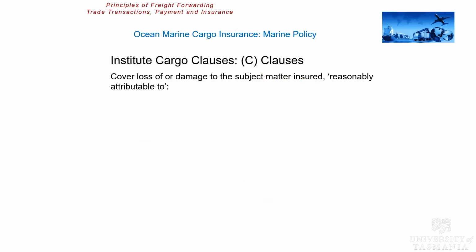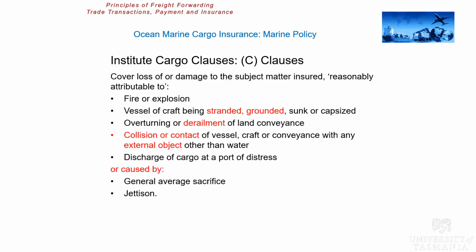And the basic level of coverage, the C coverage, generally covers fire or explosion, the vessel itself becoming stranded or grounded, collision or contact with another vessel, discharge of the cargo at a port of distress, or loss caused by general average sacrifice or jettison.